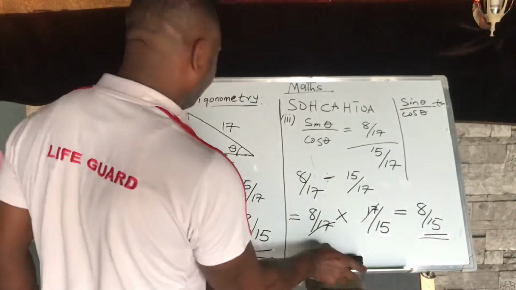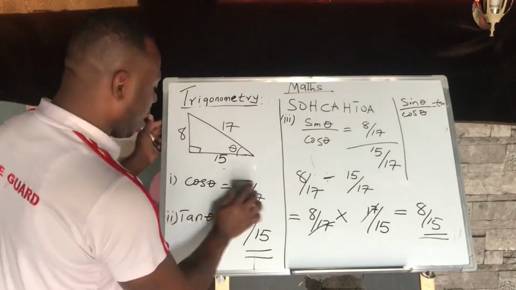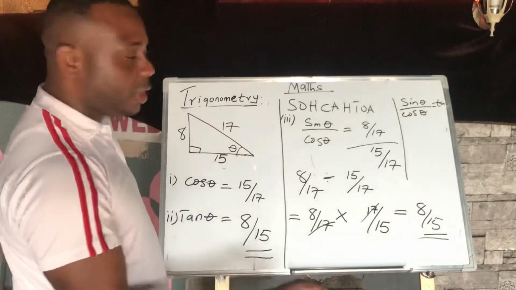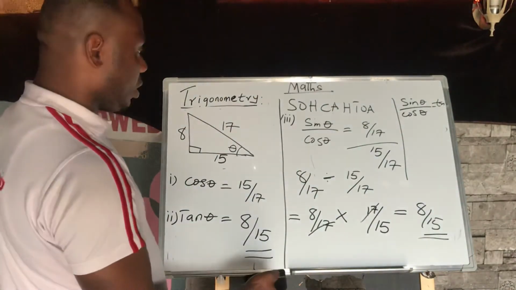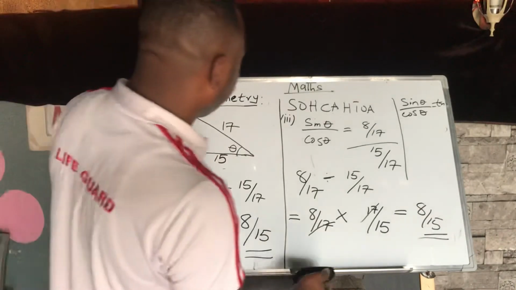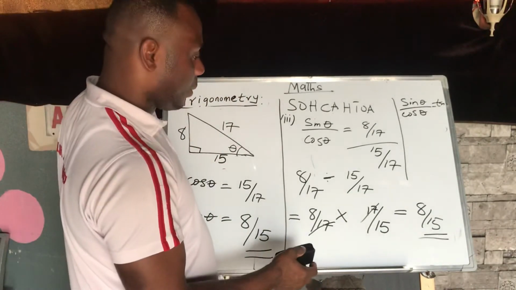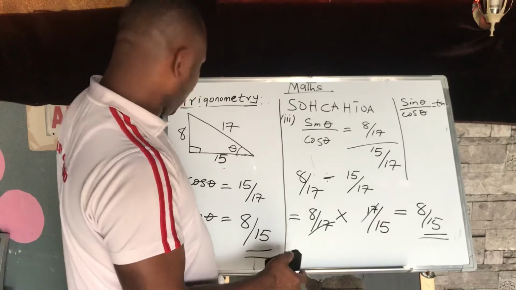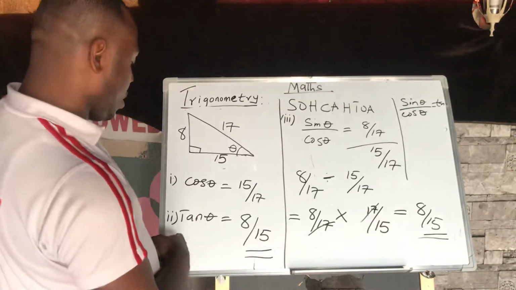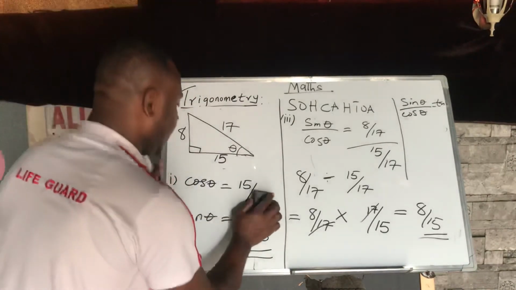That's IV. Now, we're going to wipe here. Let me give you 1 minute to copy, so I'll be able to wipe it. Because the last question is long, we're going to start from here.